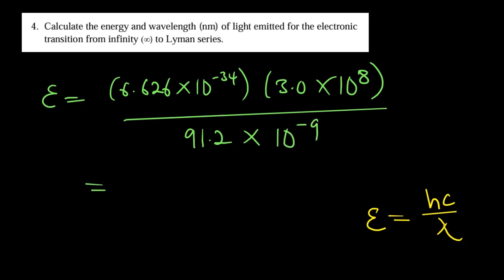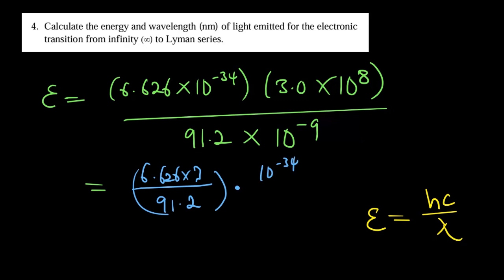So again here, just separate whatever does not have 10 to the power something. So what we have is 6.626 times 3 divided by 91.2, and then whatever has 10 to the power something: 10 to the power minus 34 times 10 to the power 8 divided by 10 to the power minus 9.